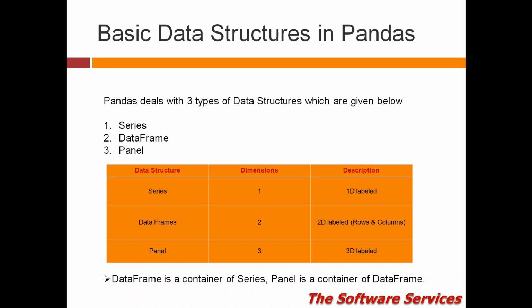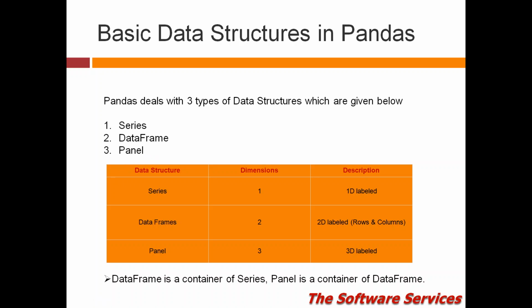The scope of this class is what the different types of data structures in Pandas are. There are three types of data structures: series, the second one is data frame, the third one is panel. Series is a one dimensional data structure, data frame is a two dimensional data structure, and panel is a three dimensional data structure.